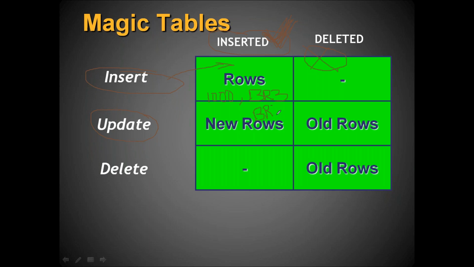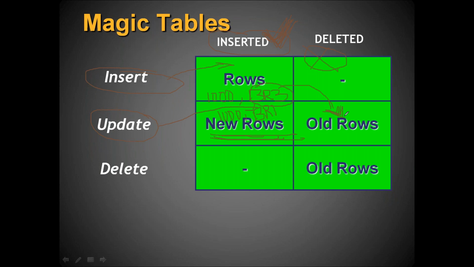The balance is the same, 1,000. If you update this, then the new updated rows are going to come into the inserted table, and the old row is going to come into the deleted table.